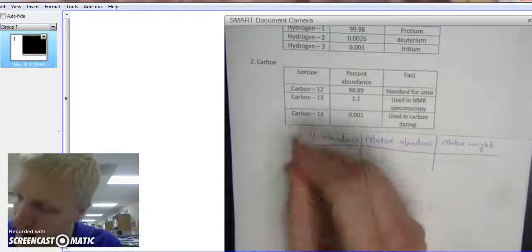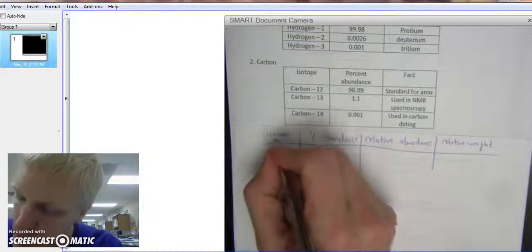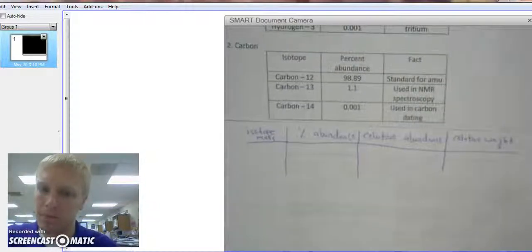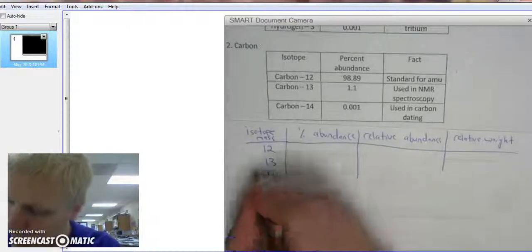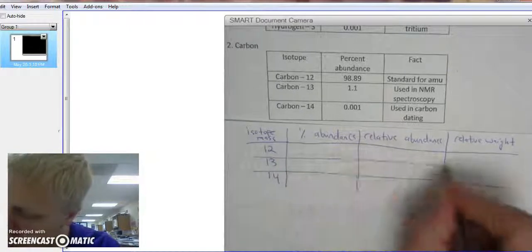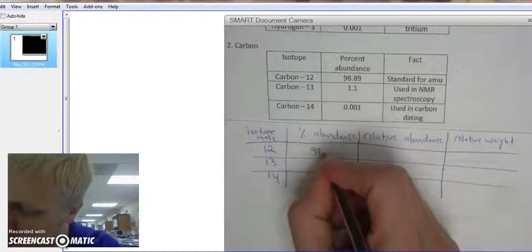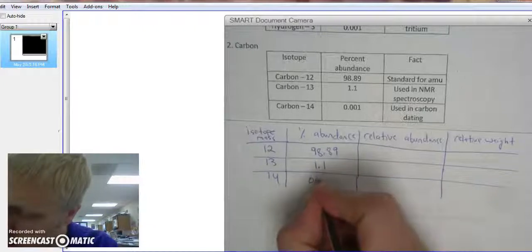And then I have my isotope mass: carbon 12, 13, and 14. Alright, percentages. They give us 98.89, 1.1, and 0.001.